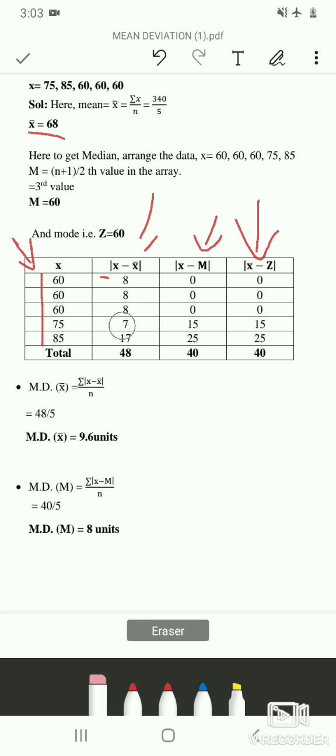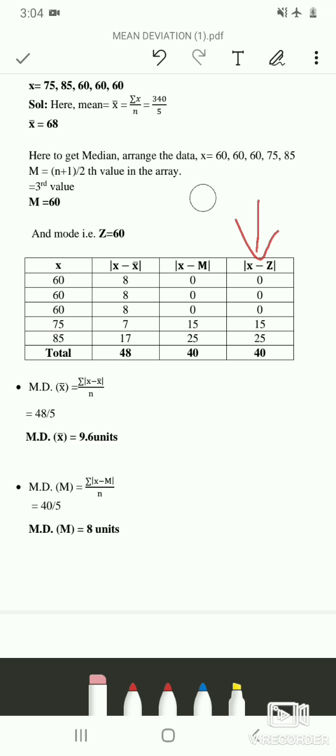Similarly, calculate the other two columns. Here x is 60 and m is also 60, therefore the value is 0. Even these two are 0. Then 75 minus 60 is 15 and 85 minus 60 is 25. Add these values to get summation of absolute value of x minus m, and it is 40.